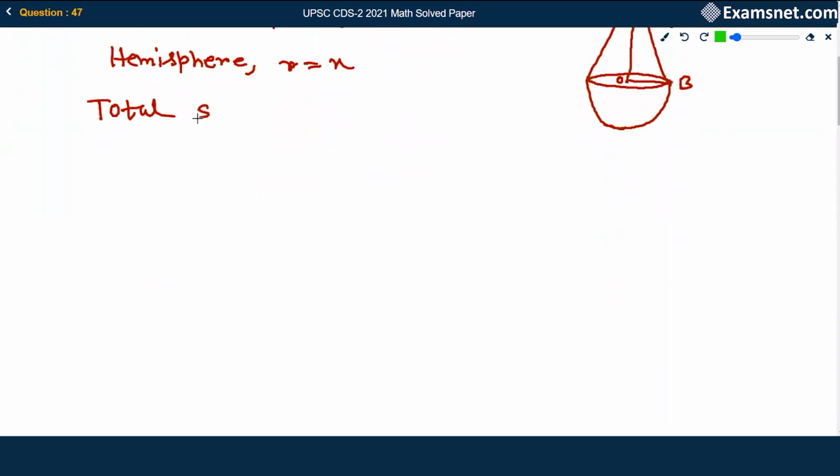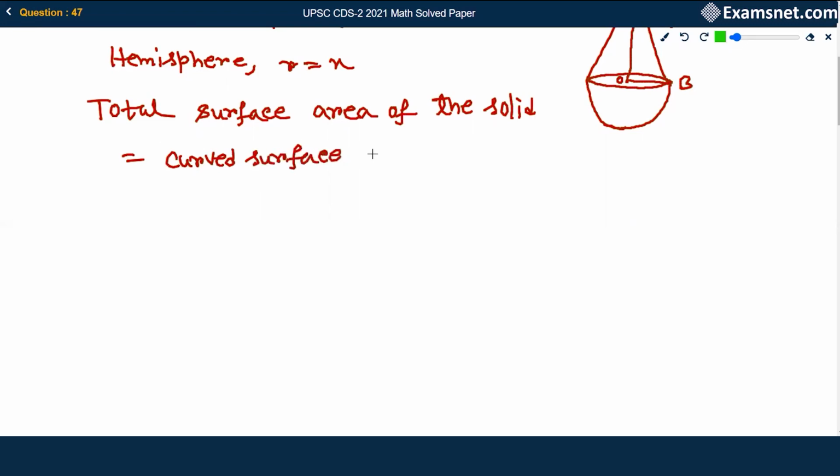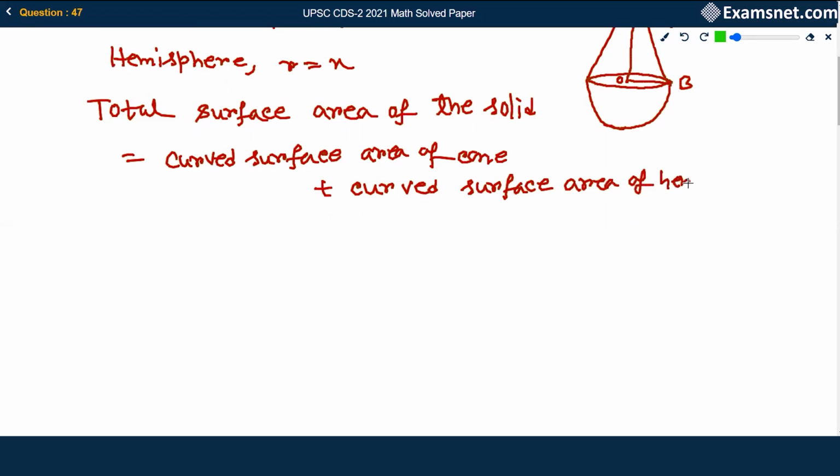Total surface area of the solid is the curved surface area of the cone plus the curved surface area of the hemisphere.